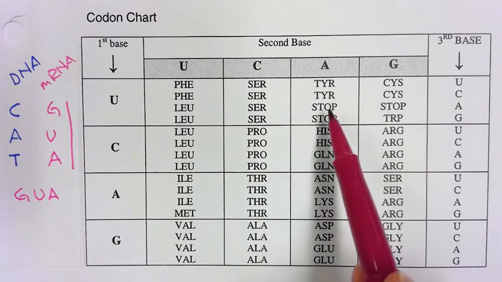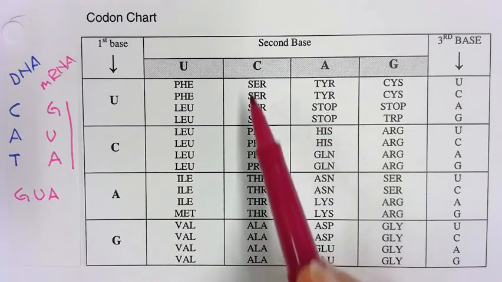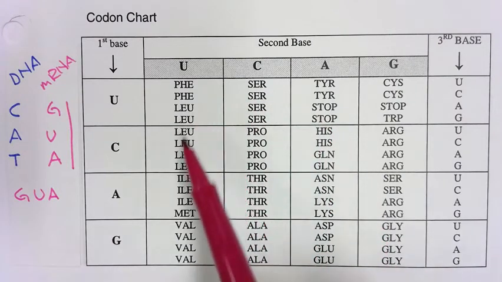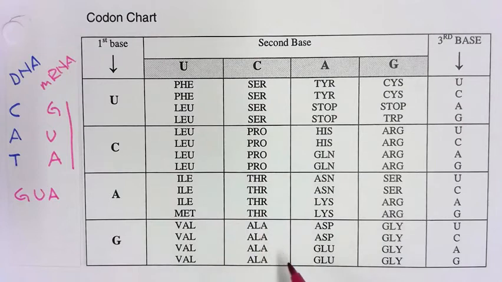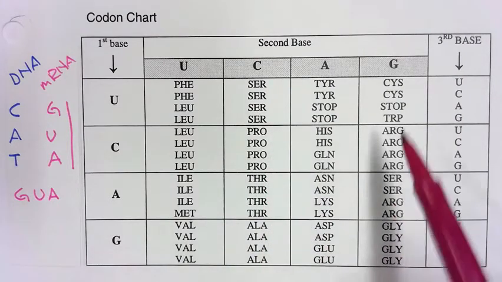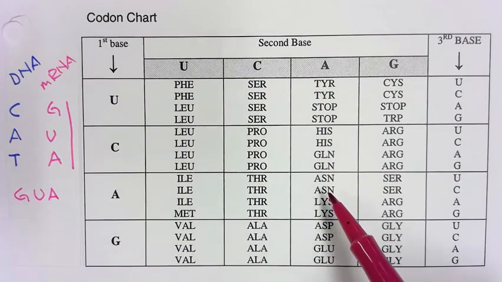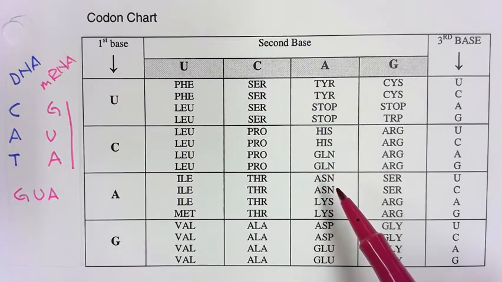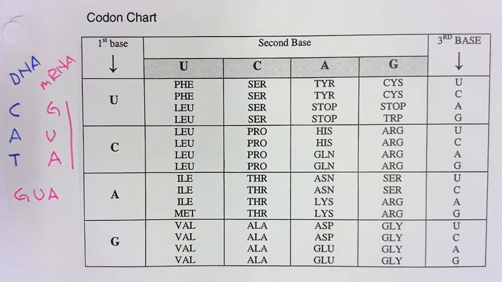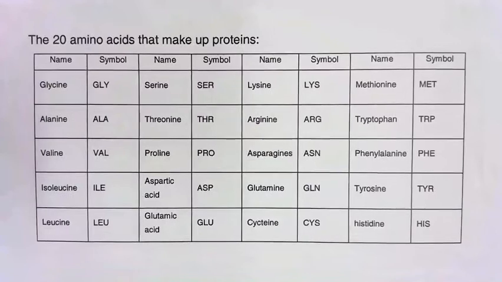There's words in here such as stop, and then there's all these 3-letter abbreviations. These are all the abbreviations for the amino acids. The stop means the end of a message because, again, this is a code, and we need to know when to start and when to end a chemical message. Each of these stands for the 20 amino acids.